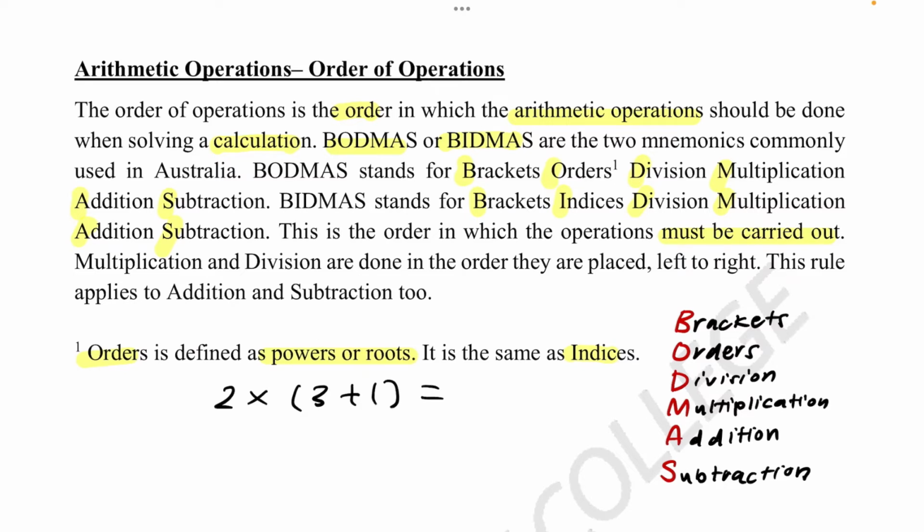While we might be tempted to do the multiplication first because it's at the start, and also multiplication is quite high on the BODMAS scale, we know brackets come first, so we have to solve the equation inside. So actually, we'd have to go 2 times (3 plus 1), which is 4, and it would be 8.